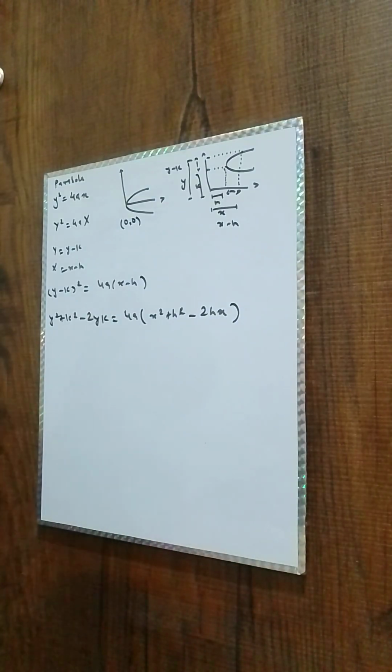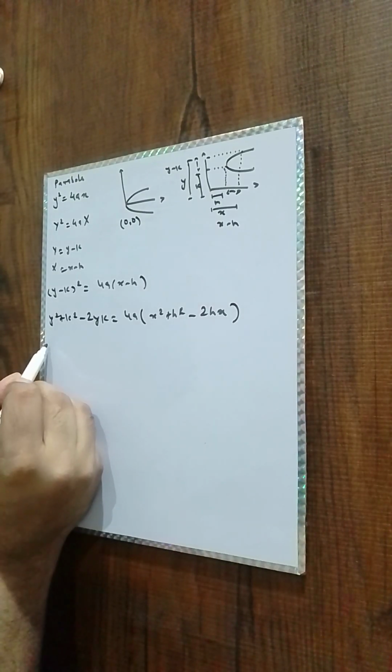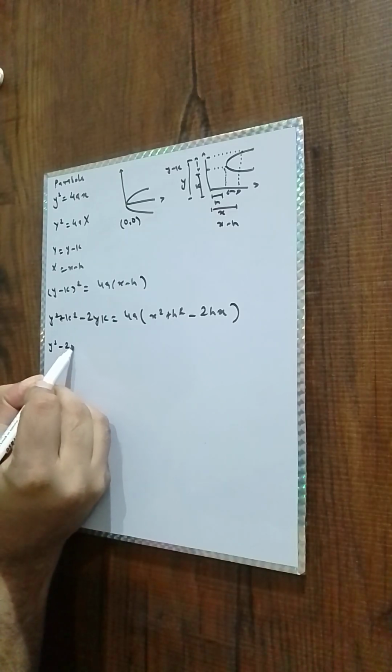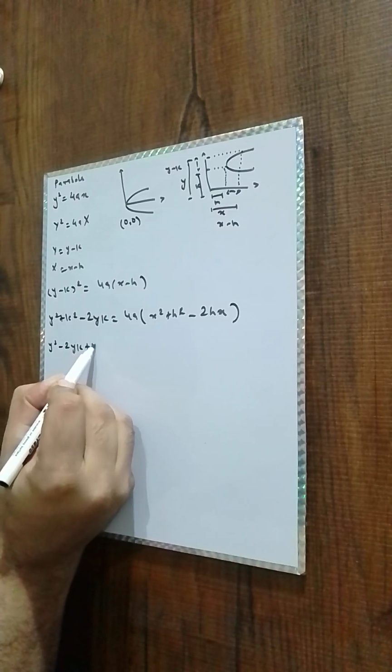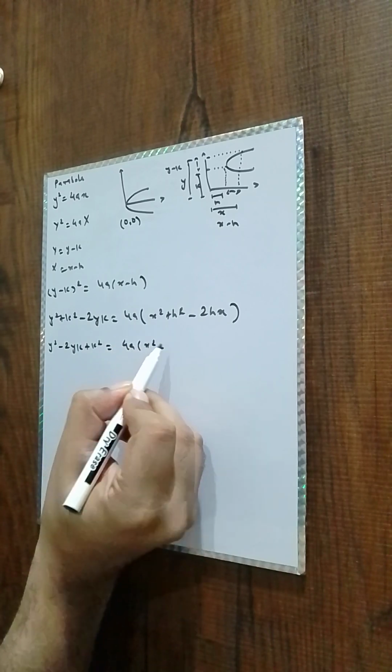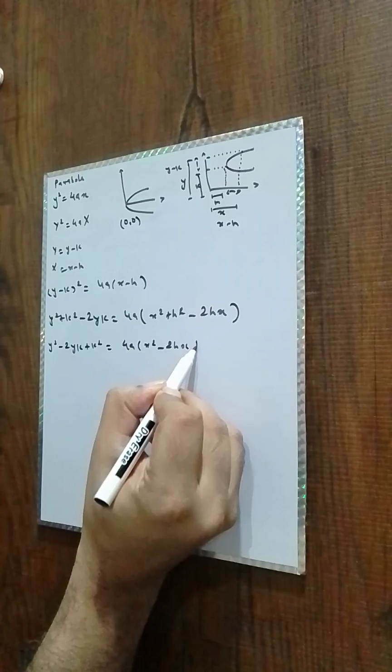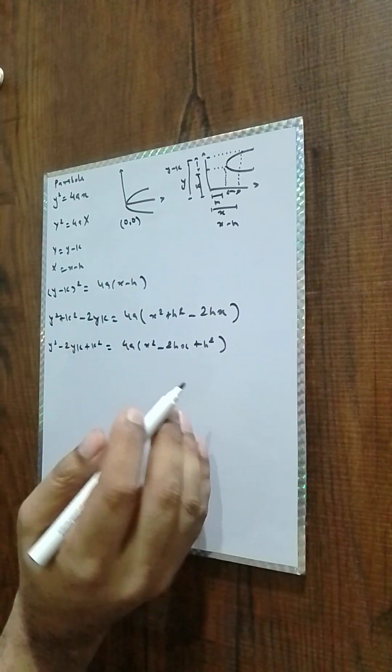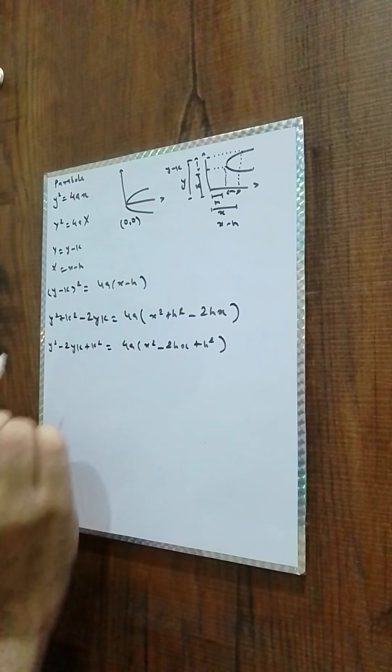So this is the form. And some people can be comfortable writing y square minus 2yk plus k square is equal to 4a into x minus h.